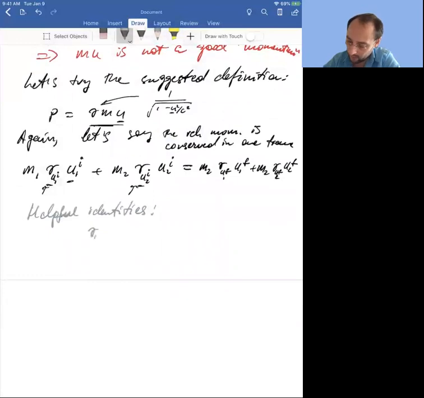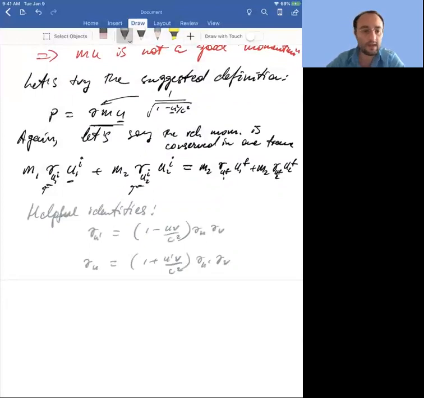So gamma u prime equals (1 minus u v over c squared) gamma u gamma v. These are very interesting identities. Equals (1 plus u prime v over c squared) gamma u prime gamma v. And where did these come from? They seem to arrive out of left field.